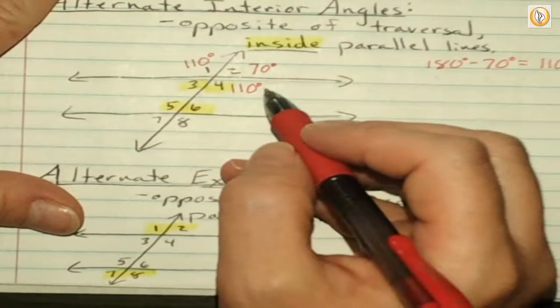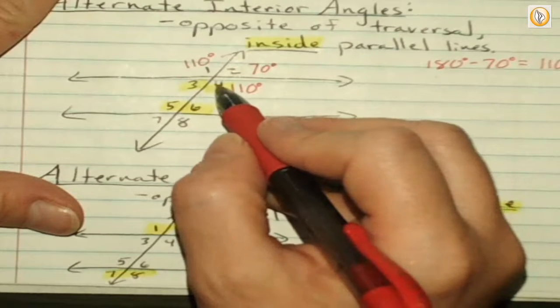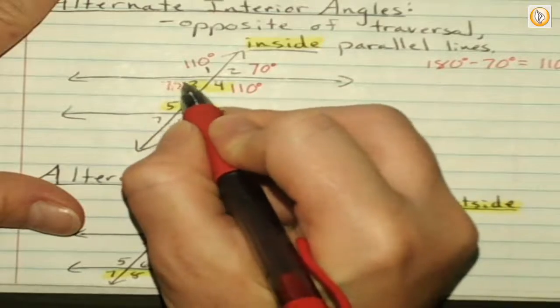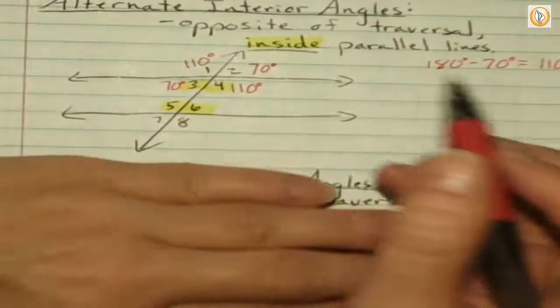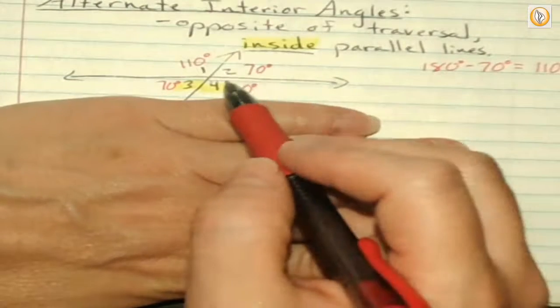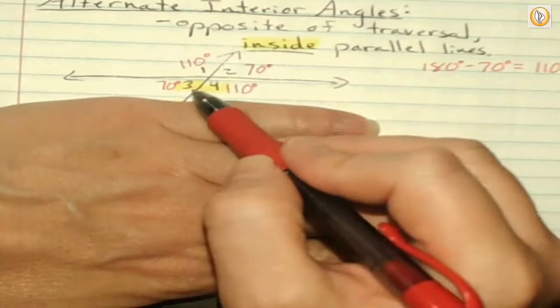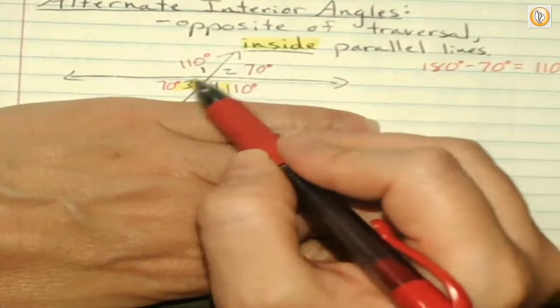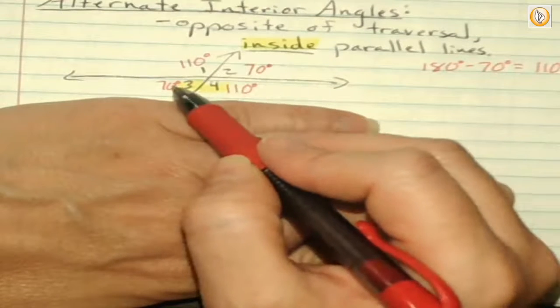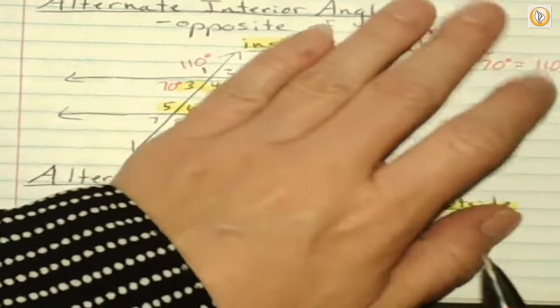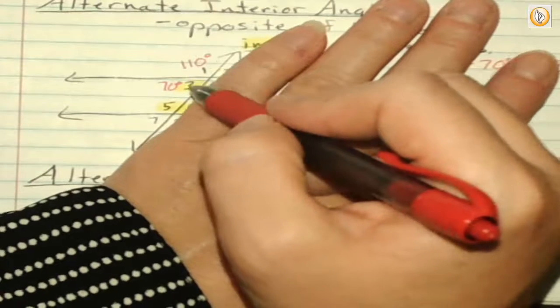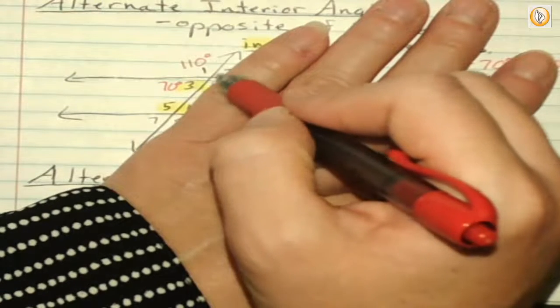Michaela, you want to help her out? What would 3 be? It would be 70 because the 70 is diagonal from it, or you could do 180 minus 110. That's right. So we have intersecting lines. Angles opposite of each other are going to be the same: 70 and 70, 110 and 110. But if you don't remember that, like you said, Cecilia, angles 1 and 3 form a straight line, don't they?